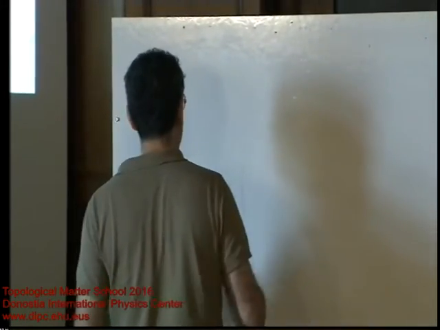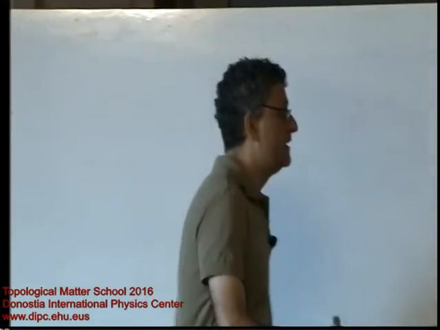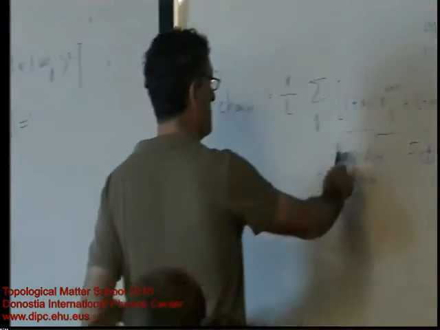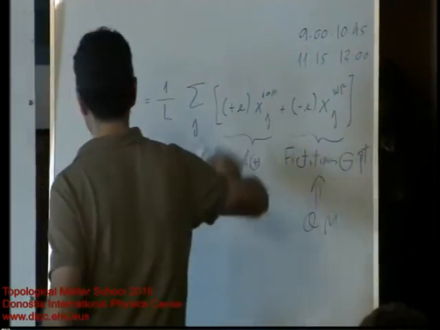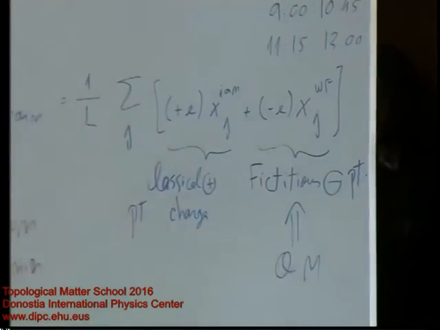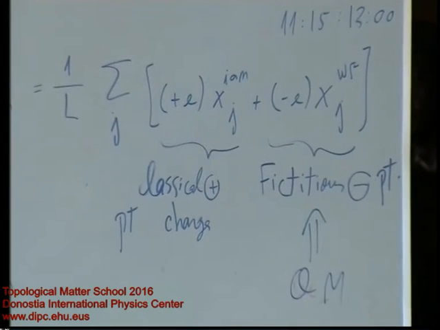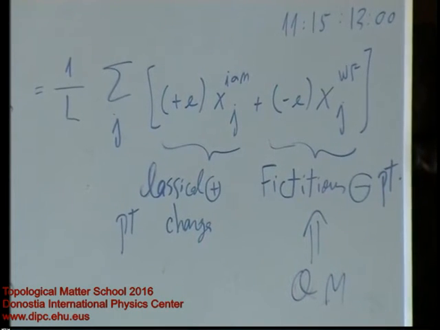So now, let me make a cartoon of this arrangement of classical charges and fictitious point charges sitting at the Wannier centers. I'll use color.